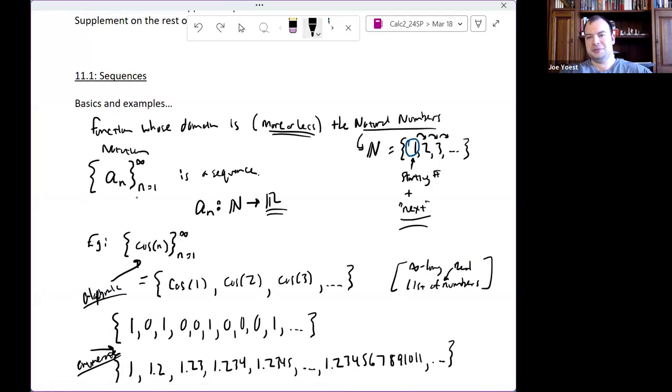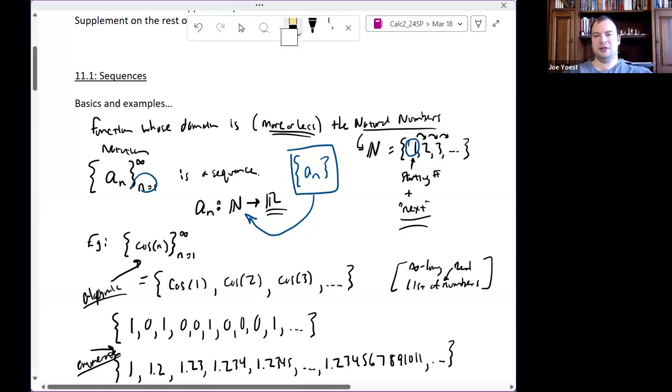As an aside, if we're not being explicit about the domain, if we just wrote something like sequence a_n, we would assume the domain is the natural numbers. But again, if I wanted to, I could be interested in a sequence that starts with n equals 5 or something like that.